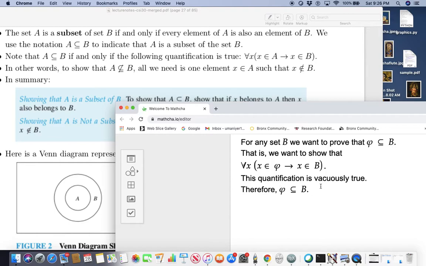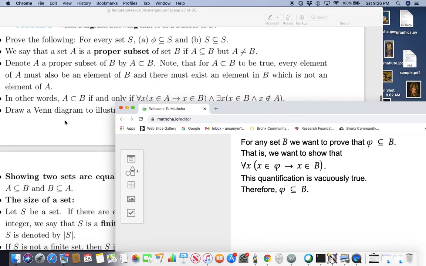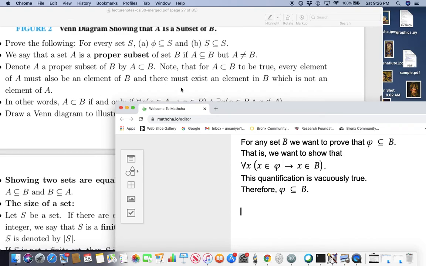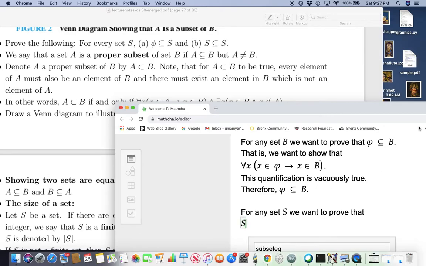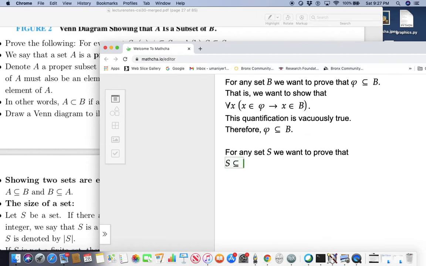All right. The other situation is to show that S itself is a subset of S. For any set S, we want to prove that S is a subset of S. We want to show this quantification: for every x in S, x is in S. Well, that's a tautology.